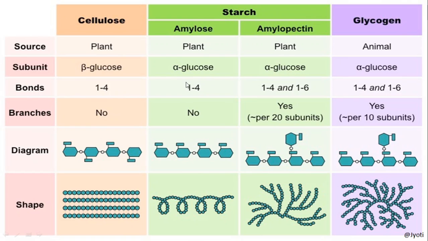In starch also the 1-4 glycosidic linkage is there in case of amylose. But in case of amylopectin, since branches are there, these branches are formed by 1-6 glycosidic linkage. That means the side chain is formed. So here this is the straight chain of glucose and this is the branch.